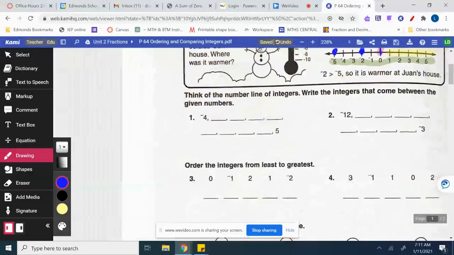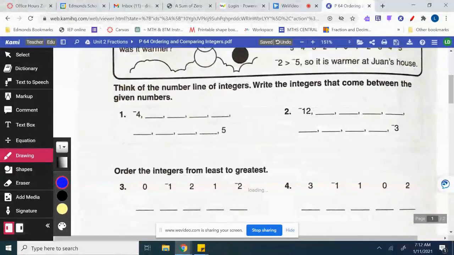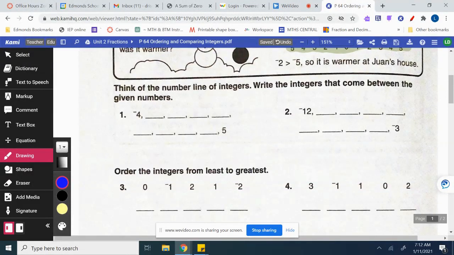So I'm going to do a couple of the problems for you, and then you will go on your own. Think of a number line of integers. Write the integers that come between the given numbers. So we have -4, and then it will go -3, -2, 0, 1, 2, 3, 4.